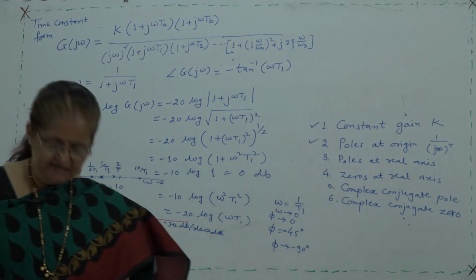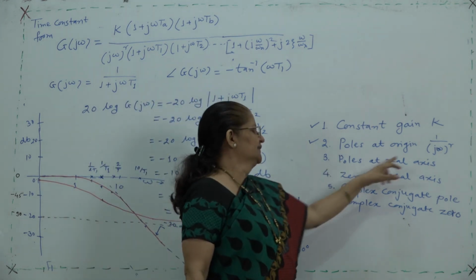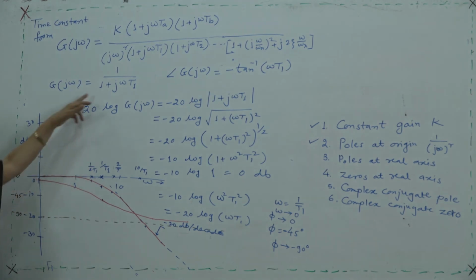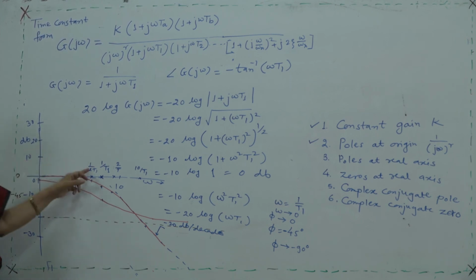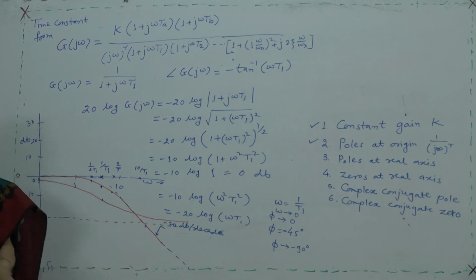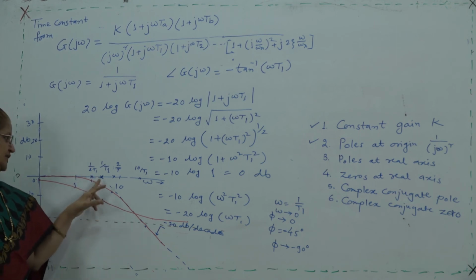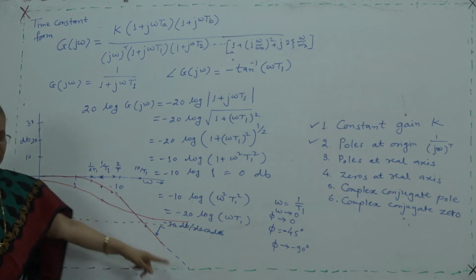So, what we are considering is poles at origin, poles at the real axis. We will get corner frequency 1 by T1. So, at 1 by T1, you represent that point. Before it, it is 0 dB, after it, it is minus 20 dB per decade, that is the asymptotic plot. You correct it by adding error, so here minus 3 dB, minus 1 dB. 3 points you got, draw a smooth curve.